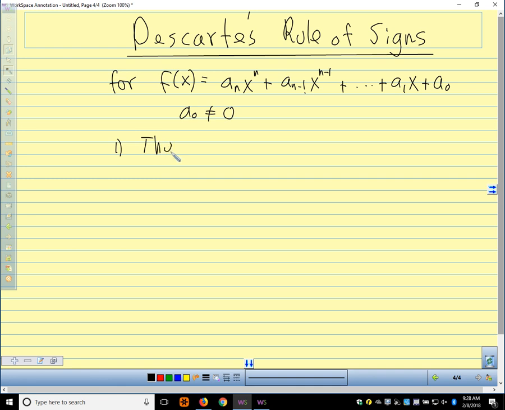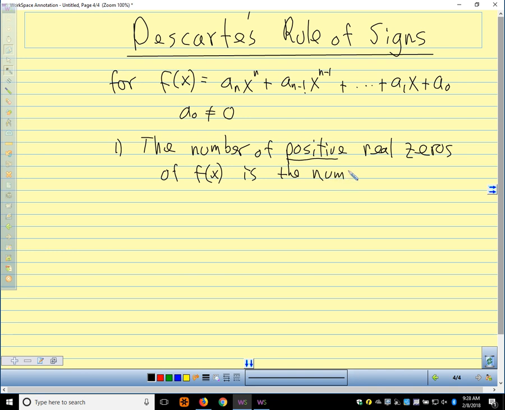The number of positive real zeros of f is the number of sign changes in f, or less by a multiple of 2.